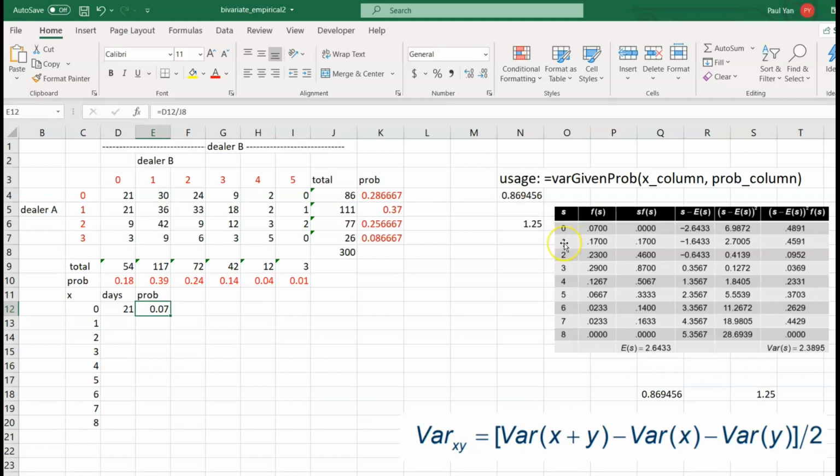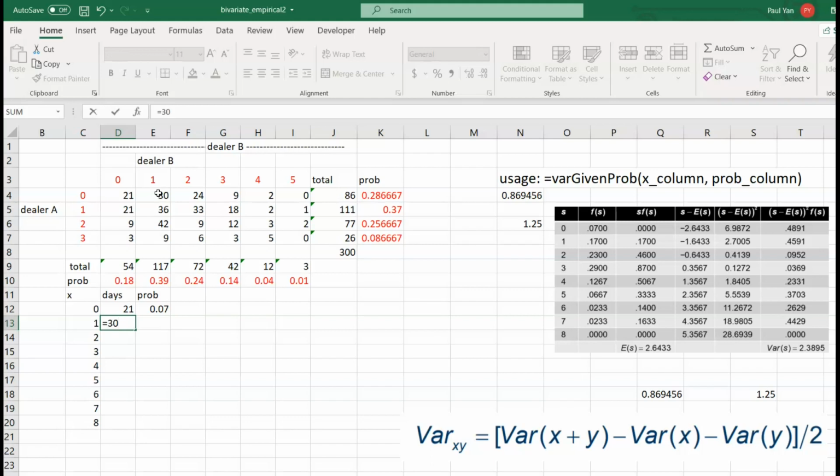So let's look at how many days both dealers, X plus Y, only sell one car. Dealer A sells nothing and dealer B sells 1, so this is 30.